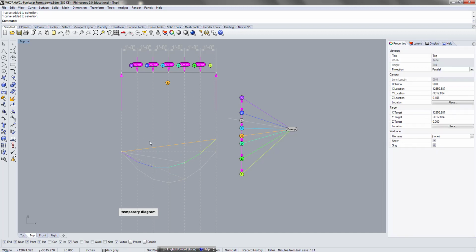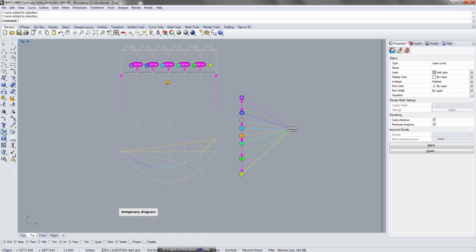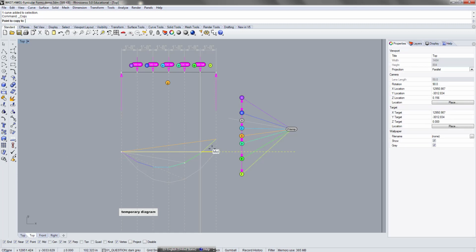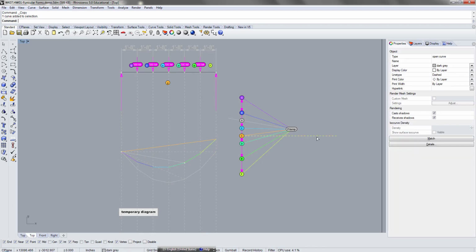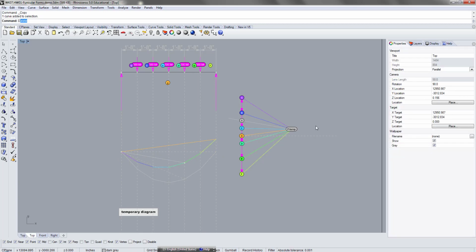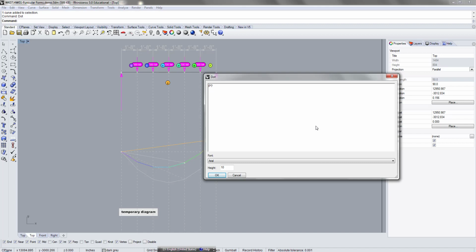So here's how we are going to change. First of all, the closing line that's going to pass through point G has to be horizontal. So point P would be on this point somewhere.